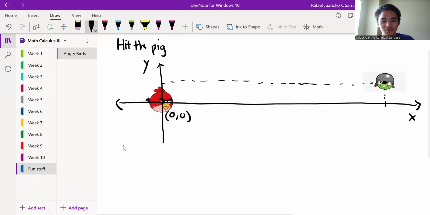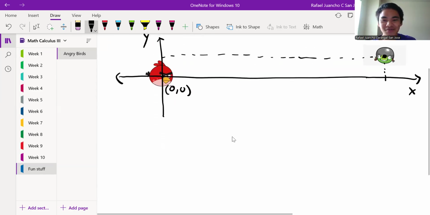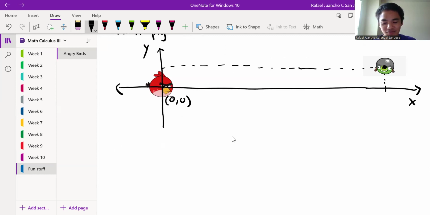And so given those 2 points, how can we determine if this bird's gonna hit the pig?